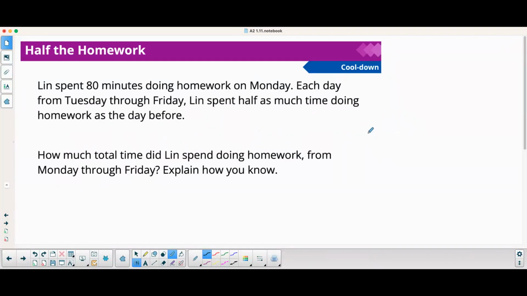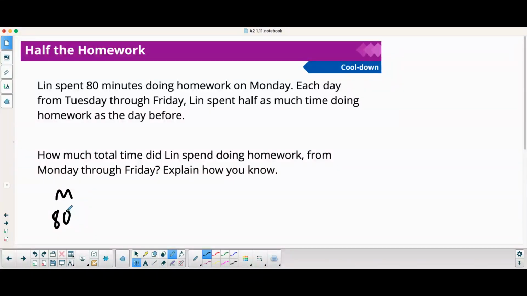All right, cool down. Lynn spent 80 minutes doing homework on Monday. Each day from Tuesday through Friday, Lynn spent half as much time doing homework as the day before. How much total time did Lynn spend doing homework from Monday through Friday? Explain how you know. So Monday, Lynn spent 80 minutes.